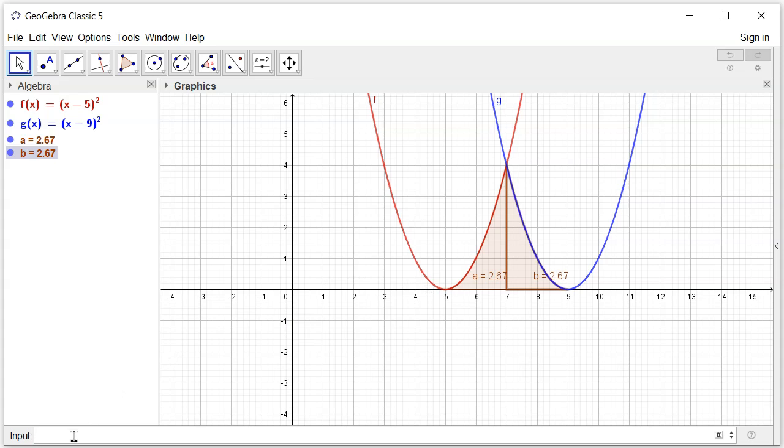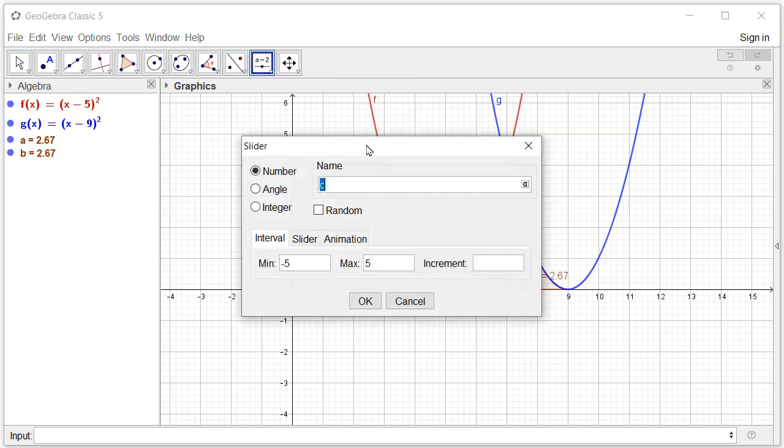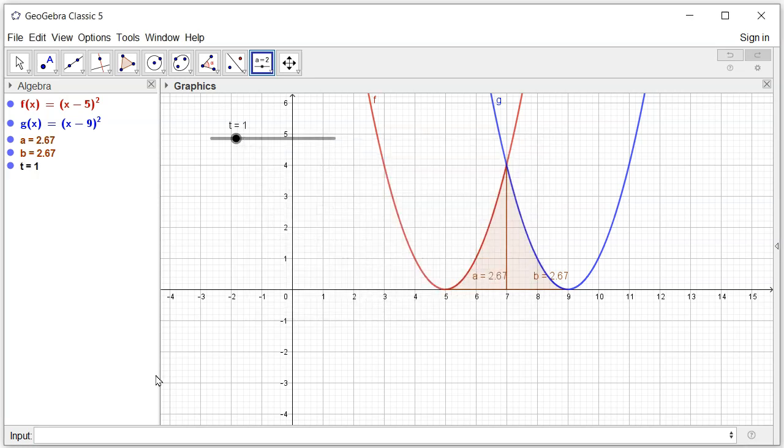I'm going to use a slider so that I can animate it. I'll use t, going from 0 to 5 or something like that, with an increment of 0.1.